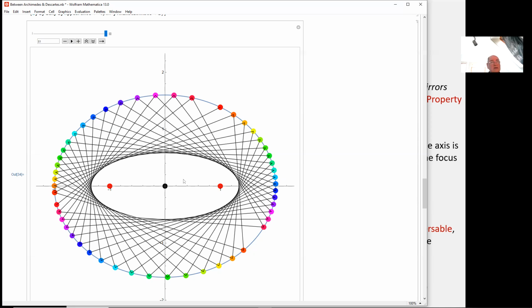This became a whole study in the 17th century: to see how families of different kinds of curves, lines, circles, different conic sections, could create envelopes, and what kind of envelopes they would create, and could the analytic geometry and calculus find what the equations of these envelopes were.